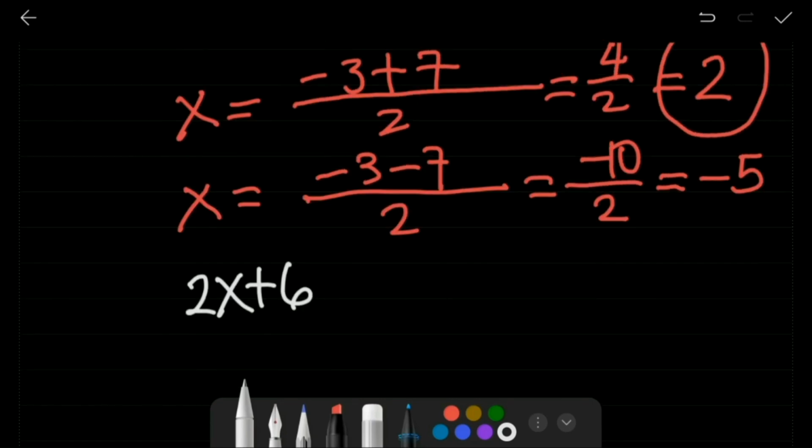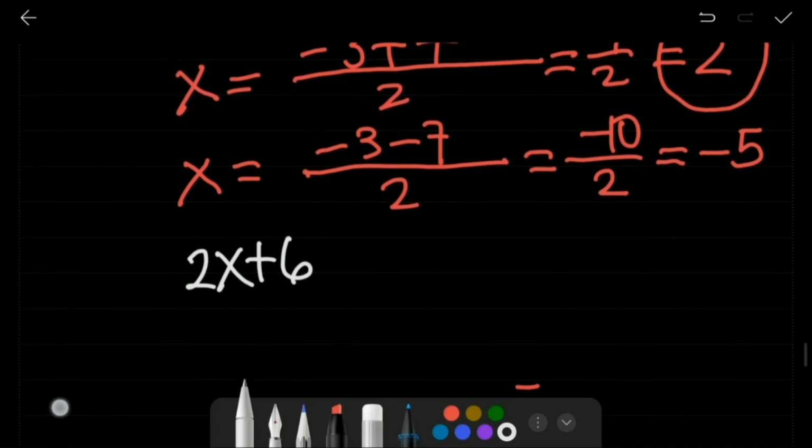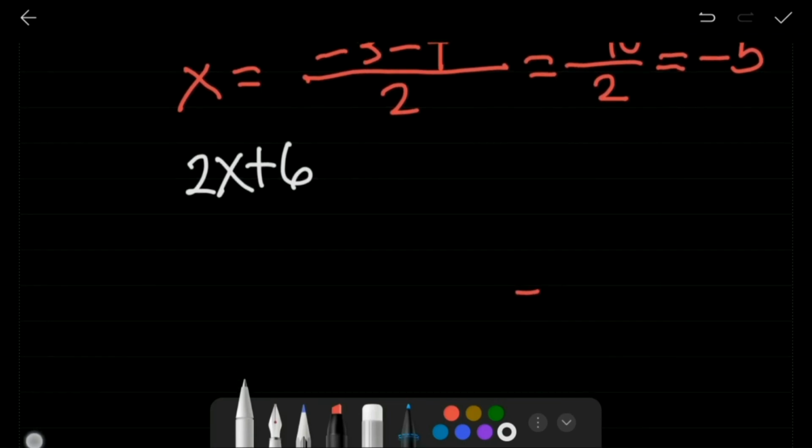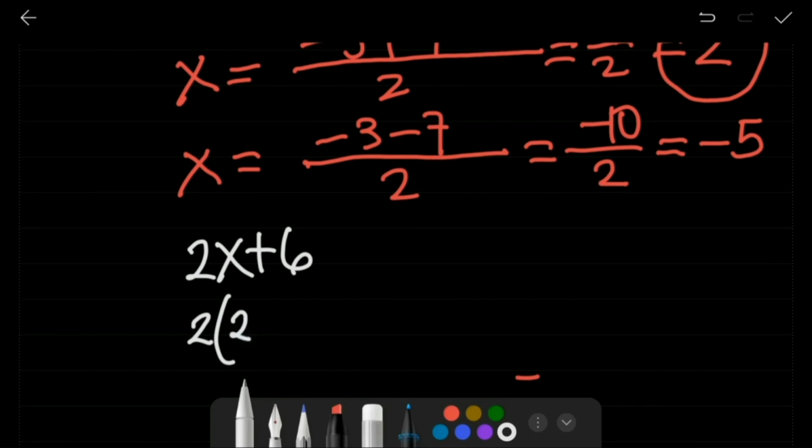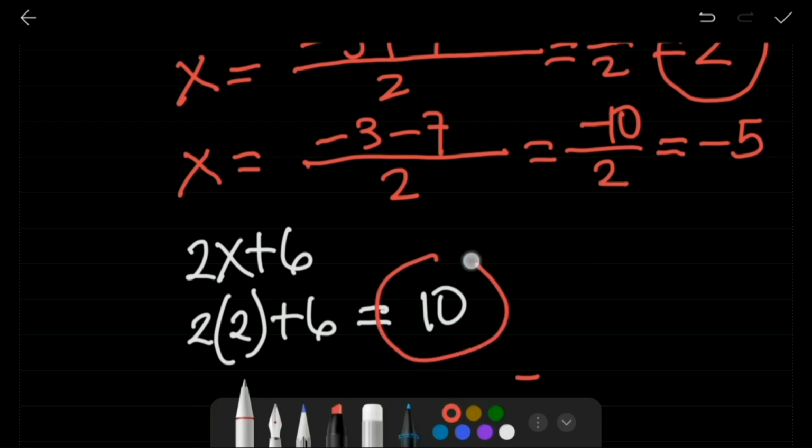So we'll substitute 2 for x. 2 times 2 plus 6 is equal to 4 plus 6 is 10. So this is the length of the wall. Amazing!